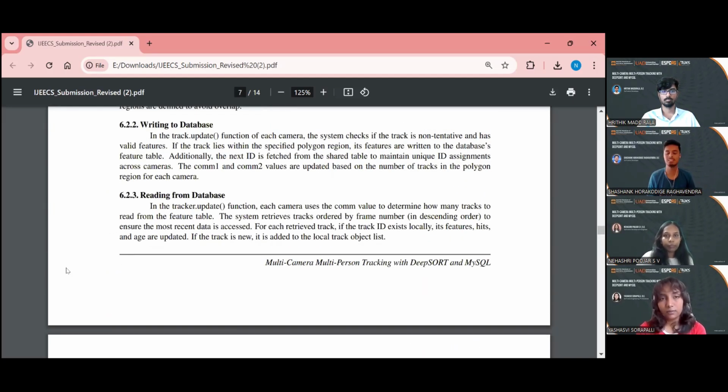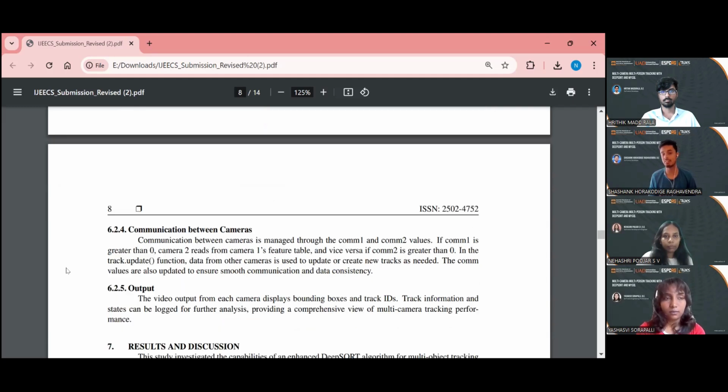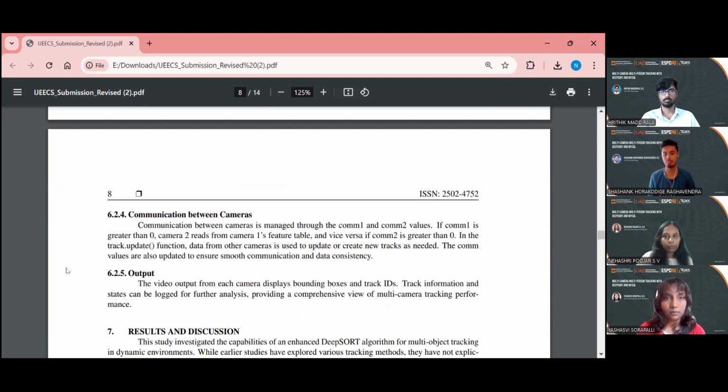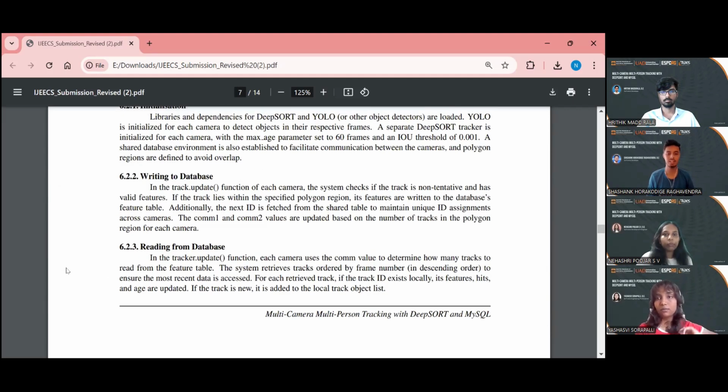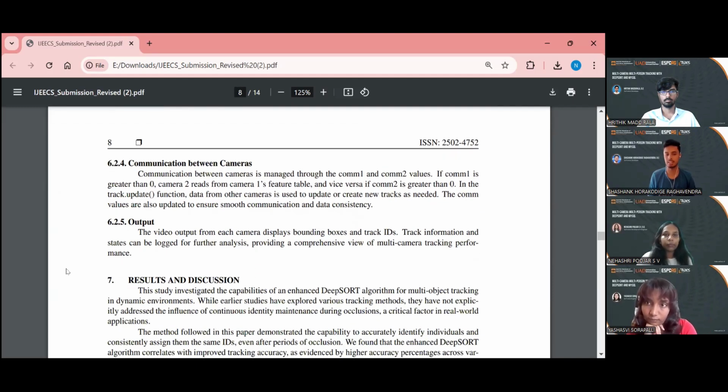We have regions such as the overlap region and the writing region. Whenever a track enters the writing region, the tracks are written into the database, and then the reading from the database happens from the other camera. So basically, the other camera knows that there's a person with these features which is not even in its feed, which is a very novel approach. This coordination also ensures smooth cross-camera transitions, and it doesn't lose object identity.